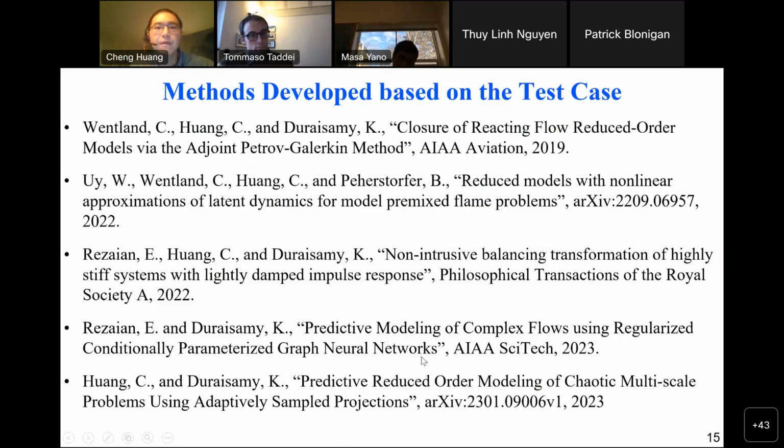Here are a couple of papers. It's not just conventional model order reduction; we do have non-intrusive methods tried here as well. And recently we also tried something with neural networks in this paper, which was just presented at SciTech this year.